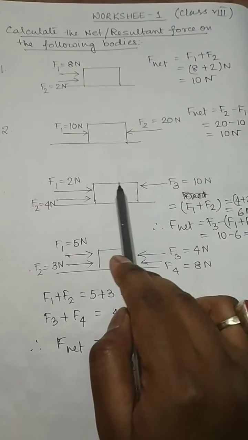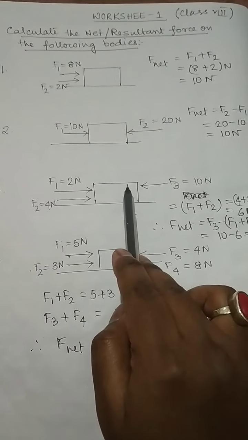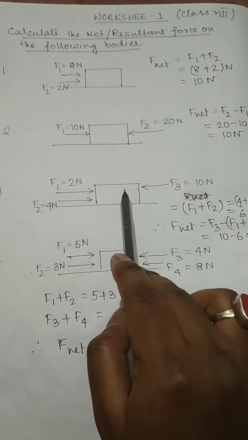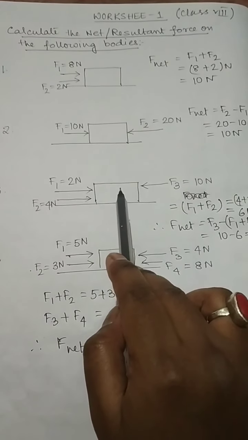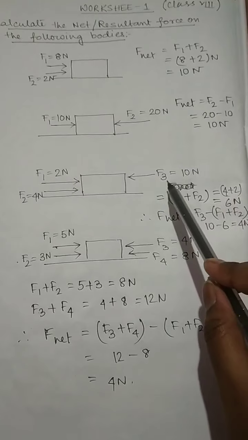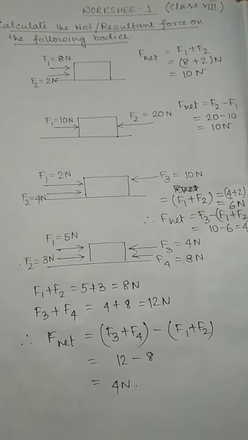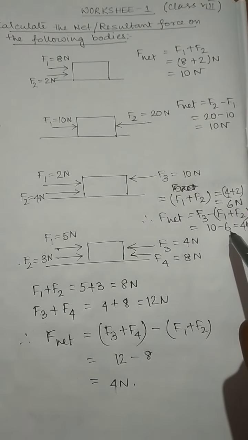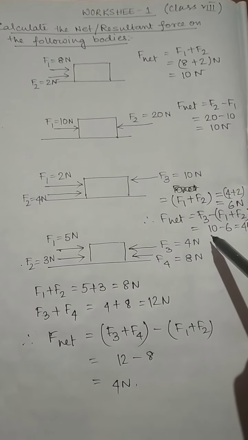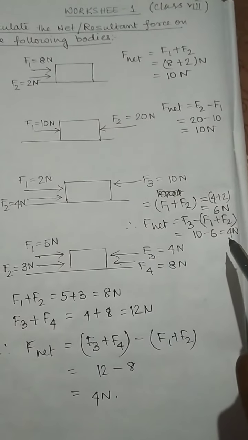Since both are acting opposite to each other, we need to subtract the smaller force from the largest force. That means F net in this case will be F3 minus the sum of F1 and F2. Since the sum of F1 and F2 is 6 Newton and F3 is 10 Newton, the net force experienced by this body will be 4 Newton.